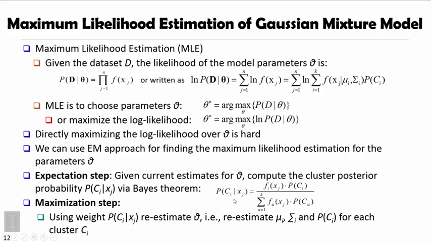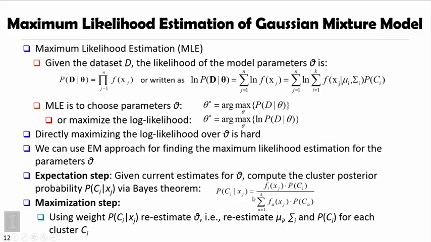That means we want to find the probability of C sub i under the condition of X sub j. The numerator is the density function of X sub j for cluster i, times the probability of cluster C sub i.